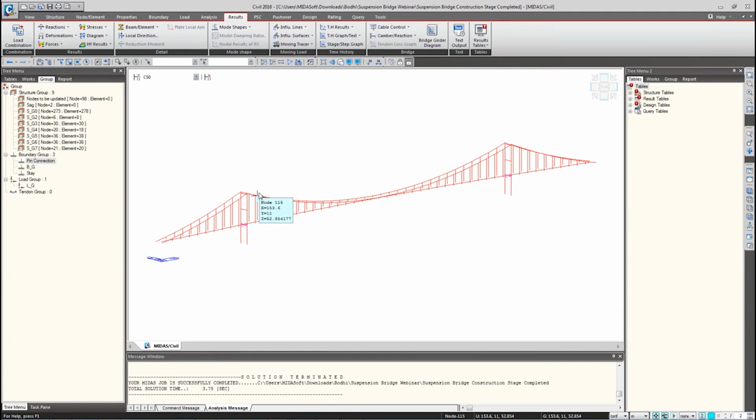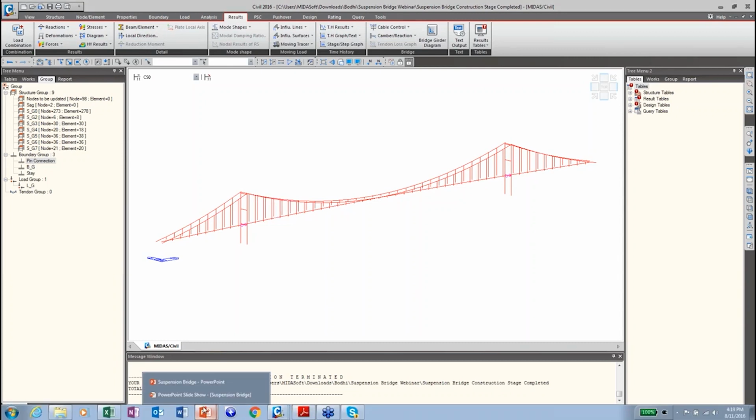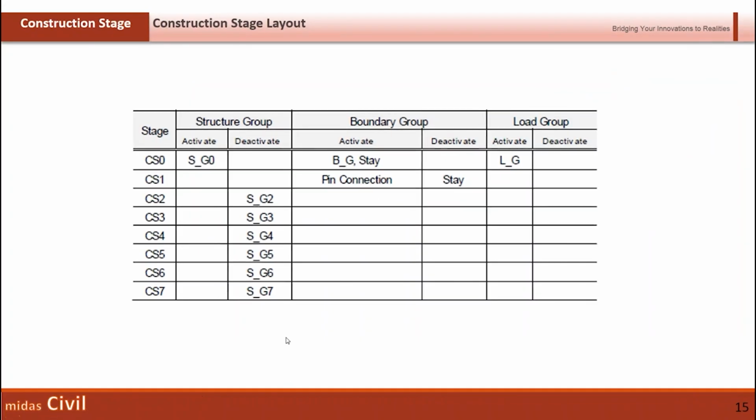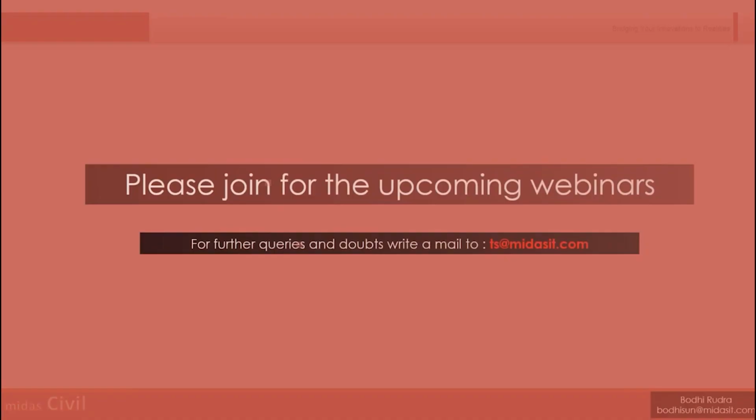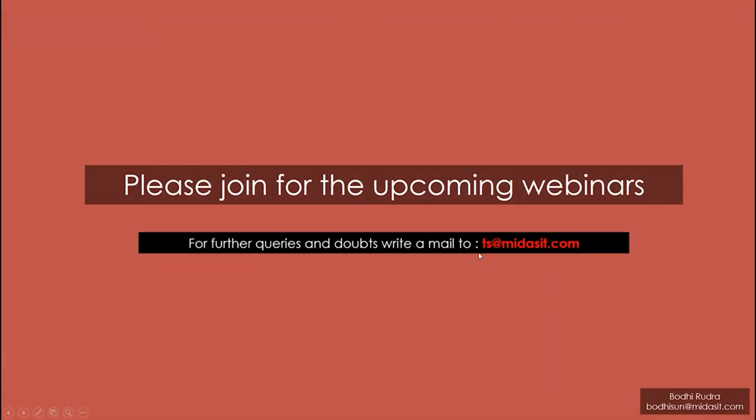If you need any explanation on any step, you can always reach us at ts@midascivil.com for any further queries and doubts. I'll be taking a few questions right now, since we have a fair bit of time.